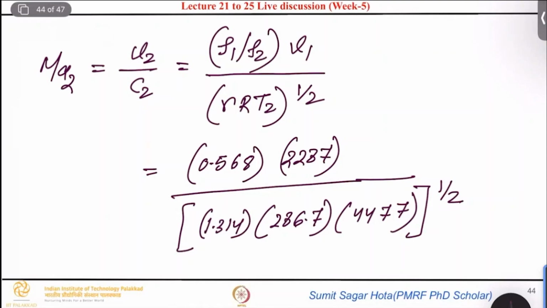The value of Mach number 2 comes out to be 1, as expected. Why do I say as expected? Because at the end state the Mach number of the detonation is equal to 1. So our calculations are correct.